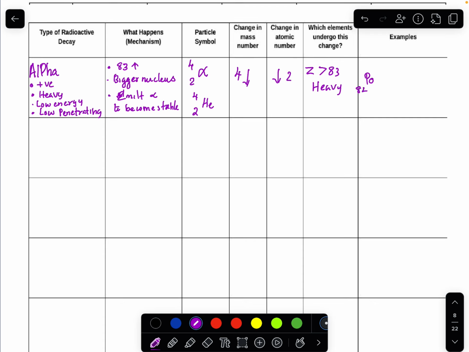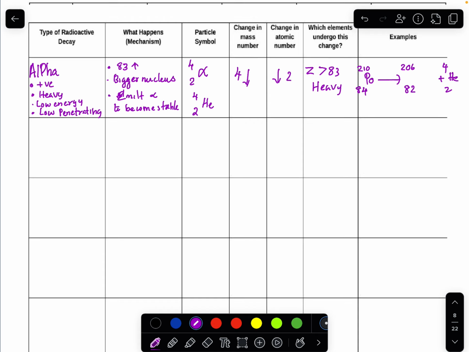Polonium, atomic number 84, mass number 210. It is emitting an alpha particle, so one alpha particle is removed from there, so you have to subtract. Basically it's basic algebra. 84 minus 2 will be 82, 210 minus 4 will be 206. Now look at the periodic table and identify the element.